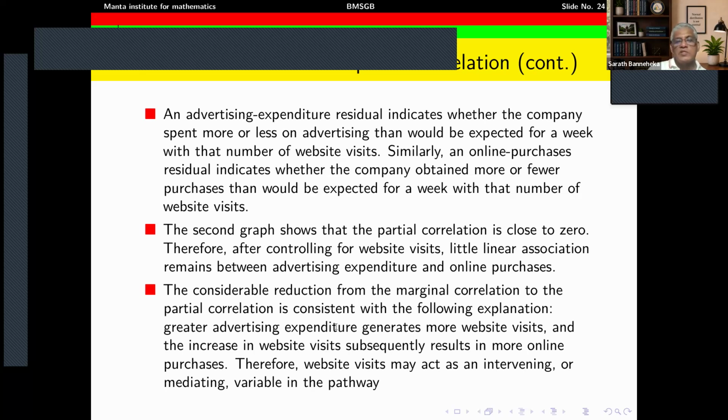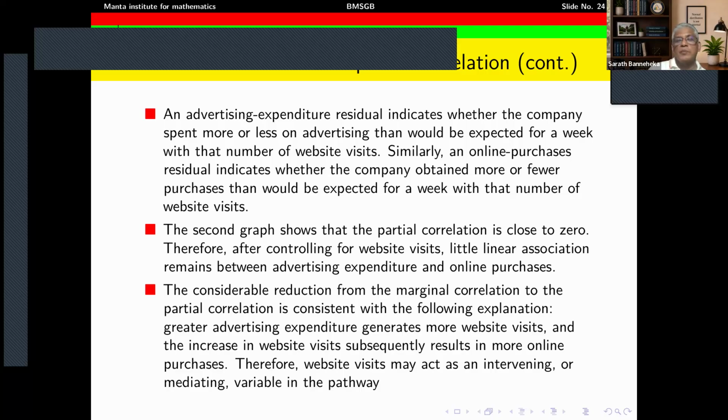Greater advertising expenditure generates more website visits, and the increase in website visits subsequently results in more online purchases. Therefore, website visits may act as an intervening or mediating variable in the pathway.